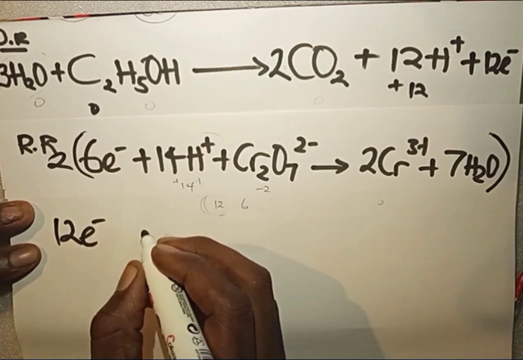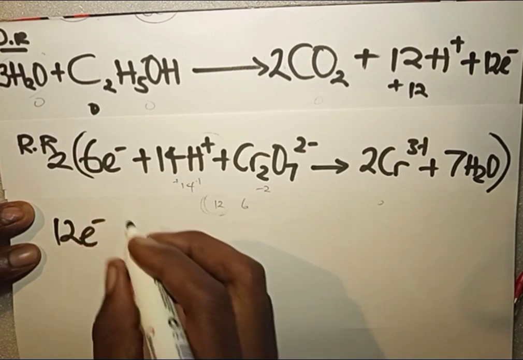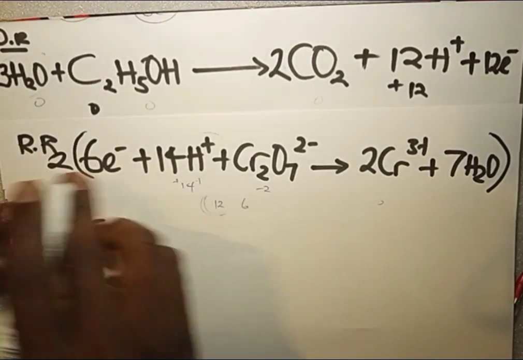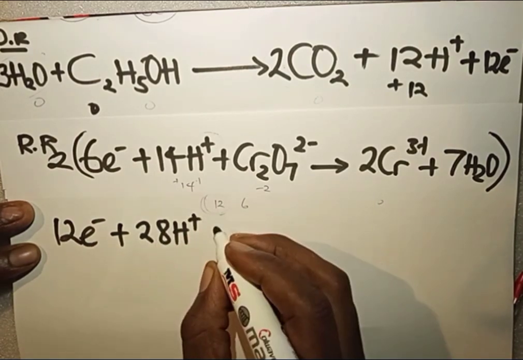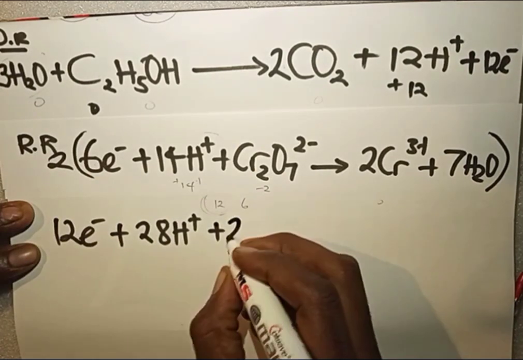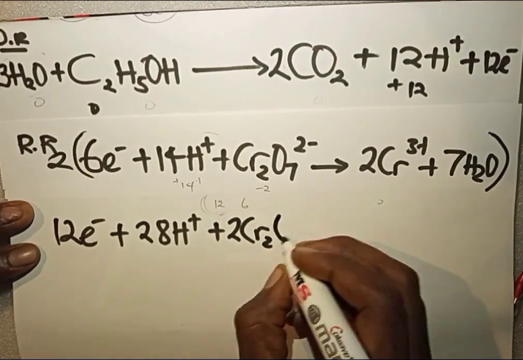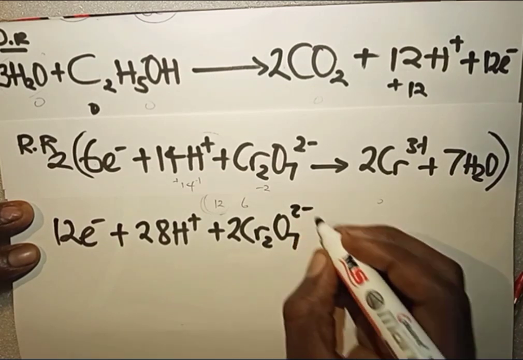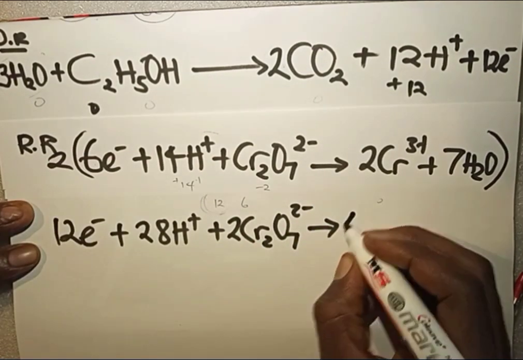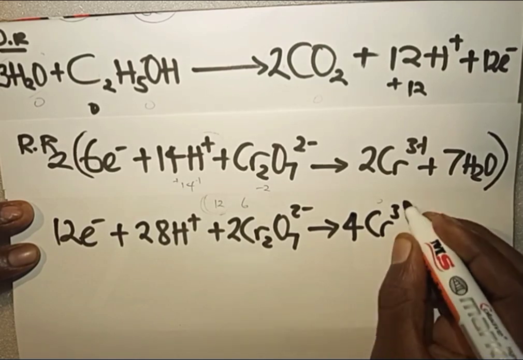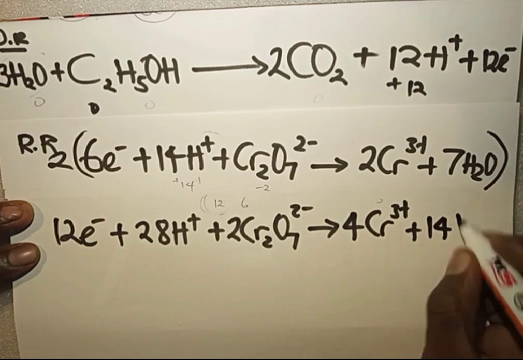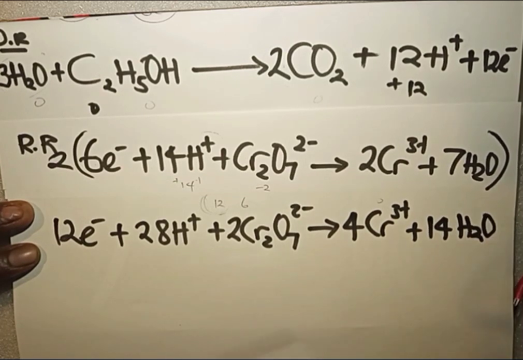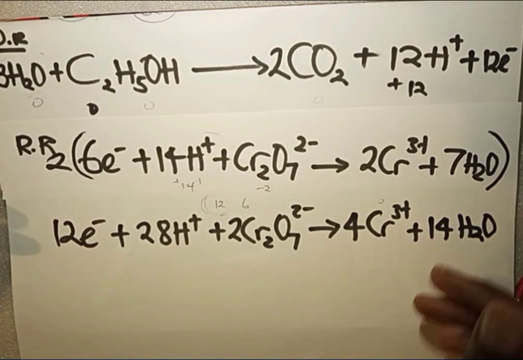Okay? 12 electrons plus 2 times 14, 28 hydrogen. 2 times this one, it will be 2, which equals 2 times this one, it will be 4, plus 2 times 7, it will be 14 water molecules. Okay, we've now balanced. What am I going to do?